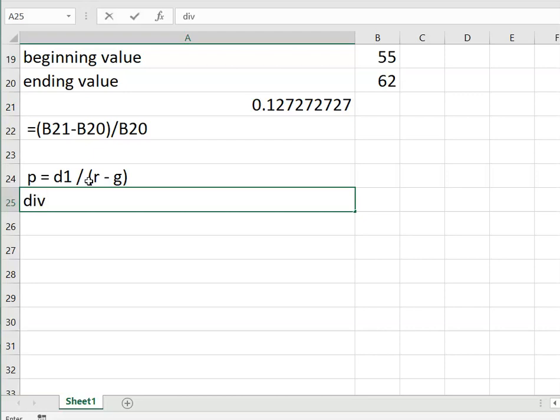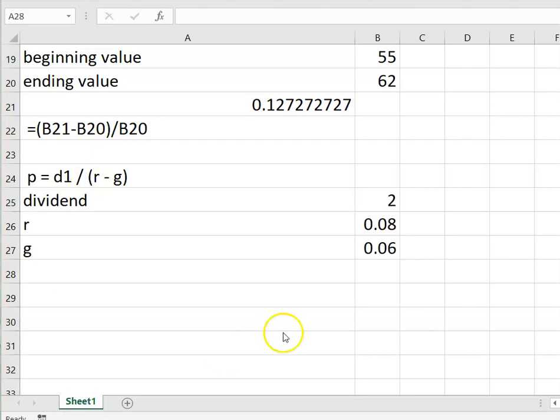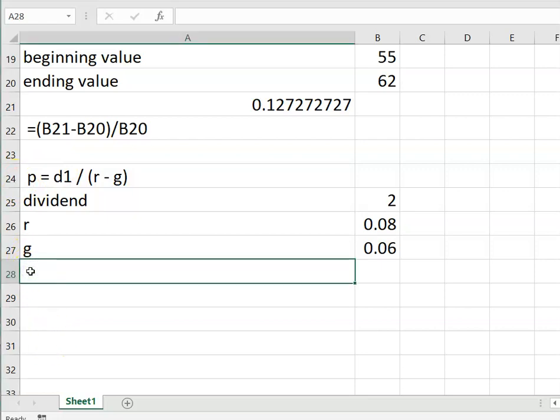I'm going to put all this stuff in and then I'll come back. Okay, I'm back. I set this up, so we assume that it pays $2 in dividends. The next dividend will be $2. I require a rate of return of 8%. And the growth factor for the stock is 6%. So let's just put that in this equation.